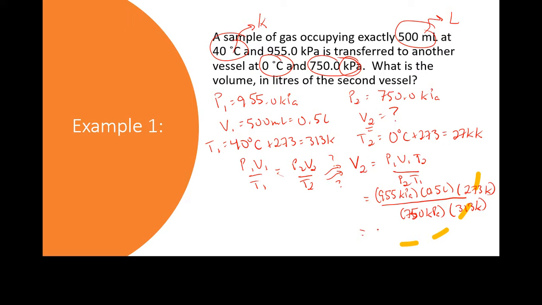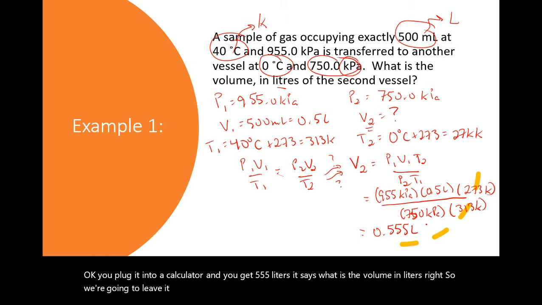You plug it into a calculator and you get 0.555 liters. It says what is the volume in liters, so we're going to leave it like that. You could convert that into 555 milliliters, but it's not asking you to do that. It's asking you to leave it in liters.